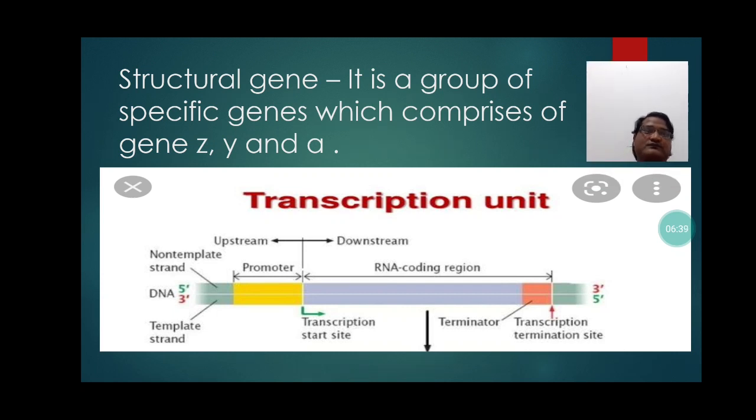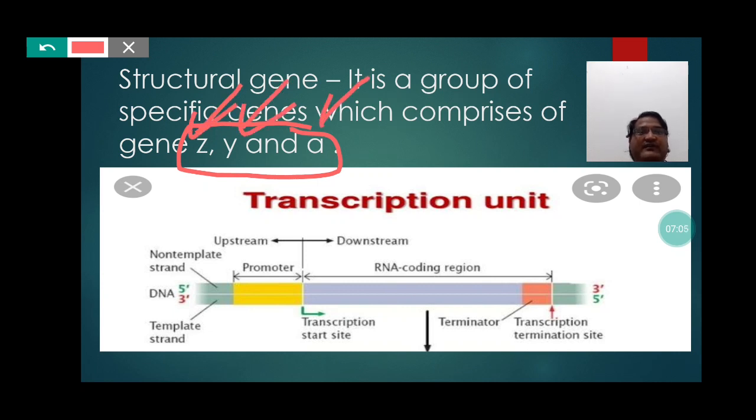Structural gene. It is a group of specific genes which comprises of gene Z, Y and A. So students, in the structural genes there are three different types of genes, which are gene Z, gene Y and gene A. These all three genes remain present in the structural gene, which is this region students.